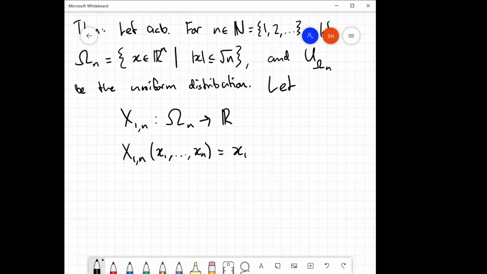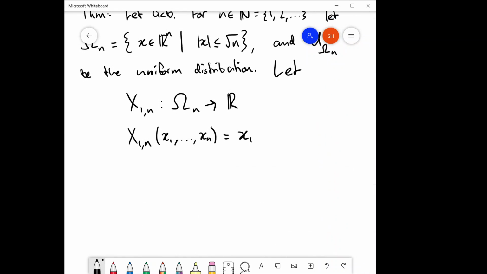You can check this is very clearly a random variable with respect to the respective sigma algebras.